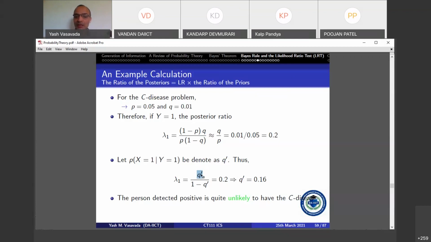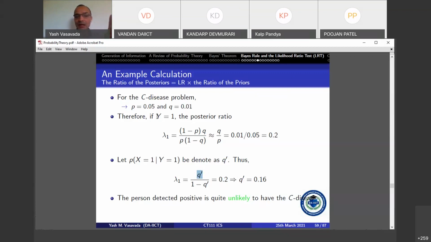Q prime is different. At the receiver, you have observed 1 bit. And now we want to decide whether the transmitter is more likely to have sent 1 or 0. And that probability of 1 that the transmitter has sent is formulated by Q prime. It is the posterior. Q is the prior.